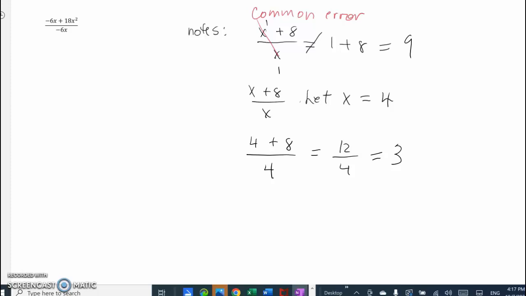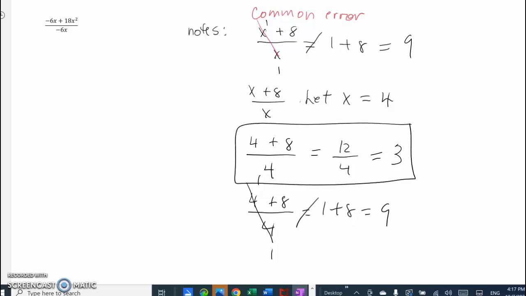Now let's do it the incorrect way, the common error way. So if you have 4 plus 8 over 4, and you cross out, you wind up with 1 plus 8 is 9. Well, that's absolutely incorrect. So we know that we cannot cancel this way. This is the correct answer, and this is the wrong answer.